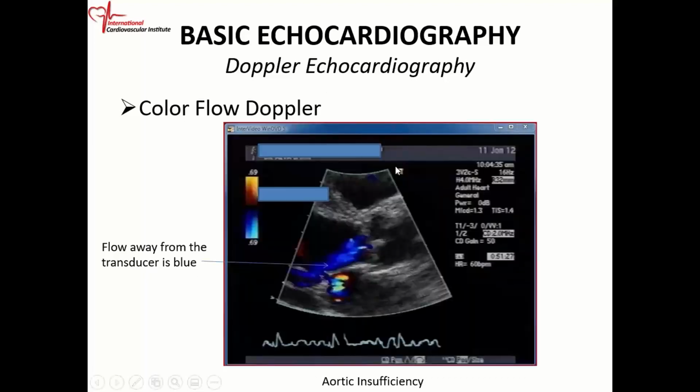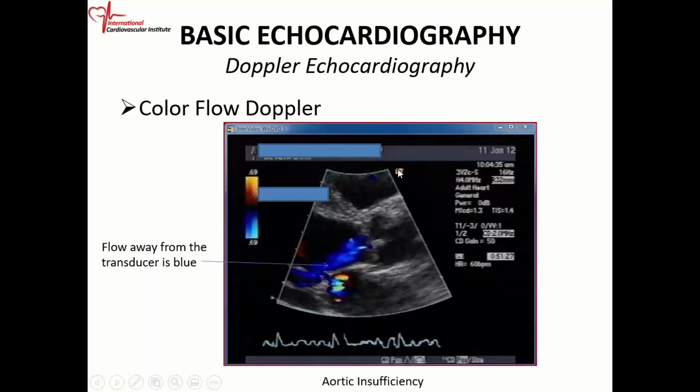All right, transducer's right there, parasternal long axis view. This is our aortic valve. This is a diastolic frame. So something is happening in diastole across the aortic valve. This is aortic insufficiency, aortic regurgitation. So in diastole, when the aortic valve is closed, there is blood flowing backwards across the aortic valve.